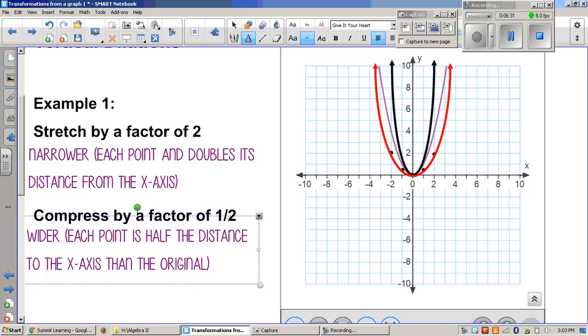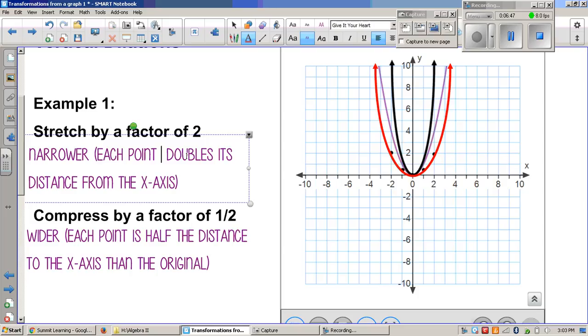I just noticed that what I typed up here with narrower, that's why I paused for a second, makes no sense. I think I meant each point is double its distance from the x-axis. There we go, that's better. That was probably driving you guys crazy, but I fixed it.